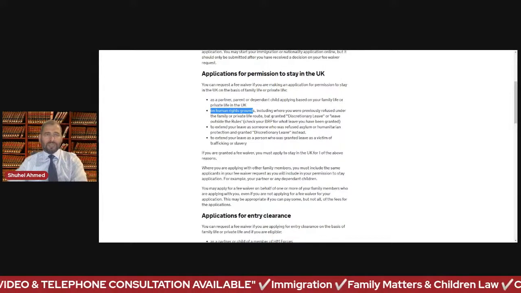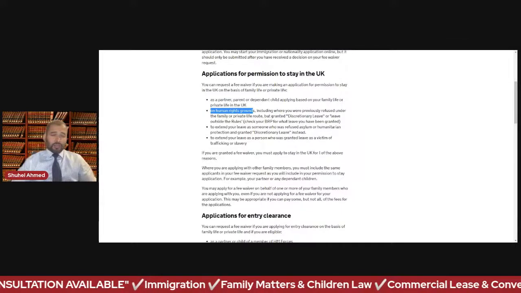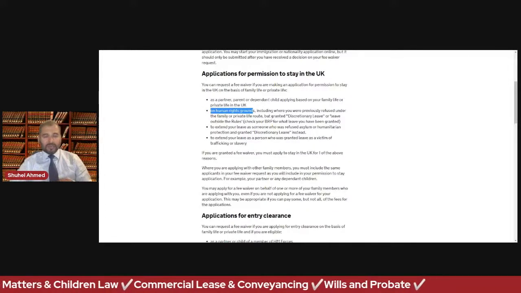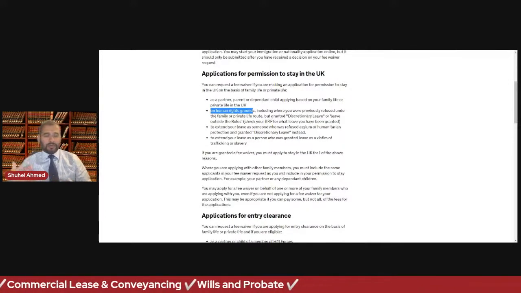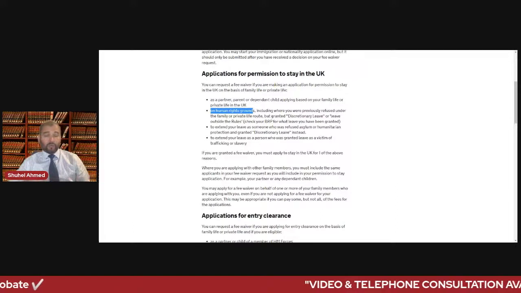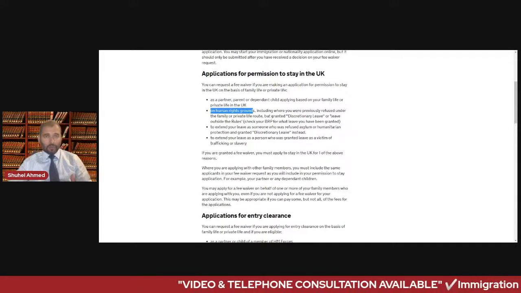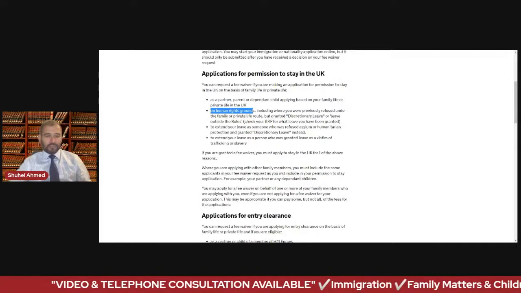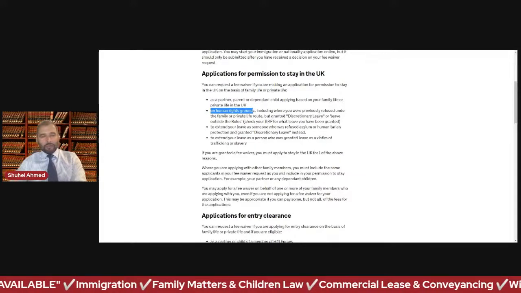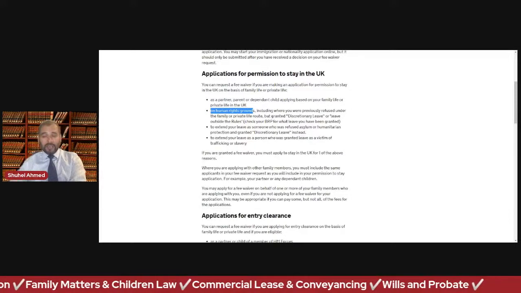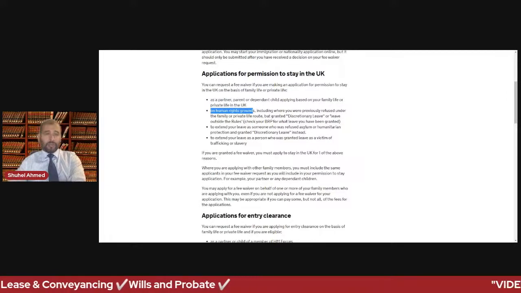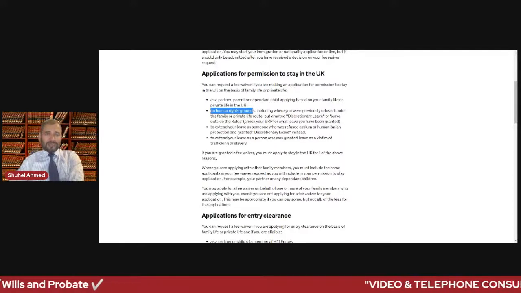Now, human rights grounds. Under Article 2, if you want to make an application on medical grounds, under Article 3, under Article 6, under Article 8, whatever human rights law is involved, as soon as you can fit your application under any human right. Now the majority of us know human rights means only Article 8, private and family life, but one important thing is that human rights is not only Article 8 in terms of immigration.